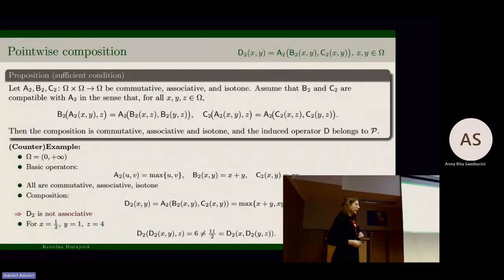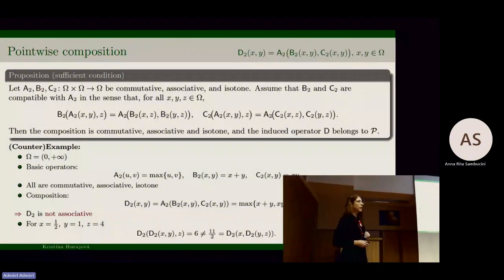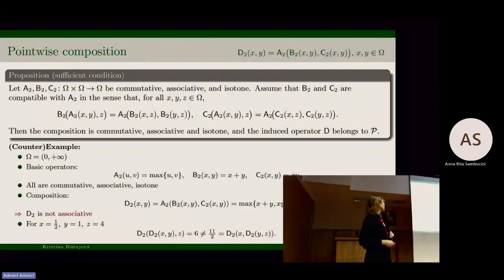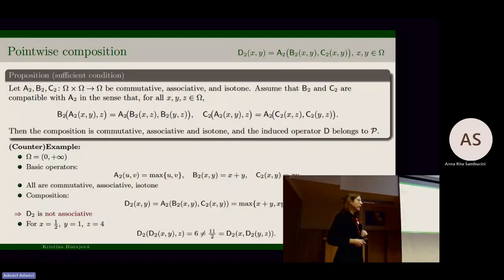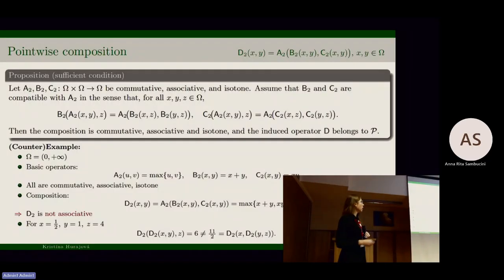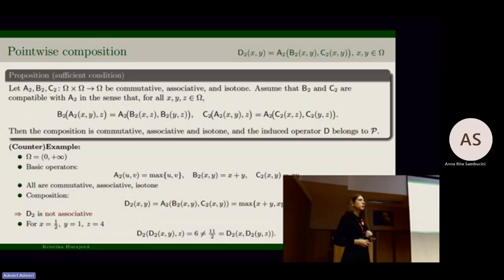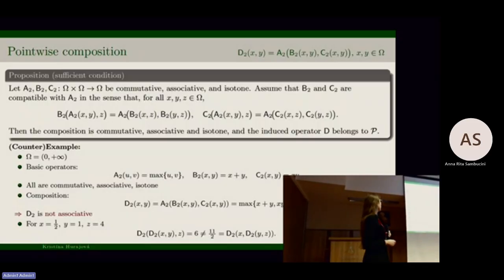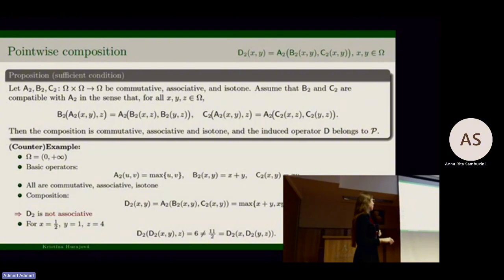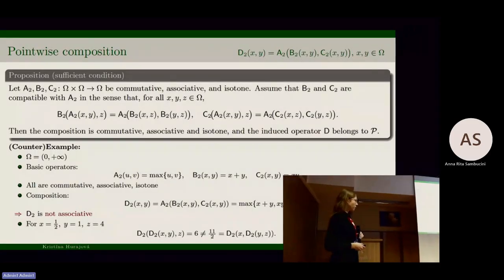Now, the natural question is whether PIF operators are stable under composition, and pointwise composition seems intuitive. We aggregate first in parallel and then combine the results. But associativity seems to be very fragile, because even if all operators are associative, the composition may fail to be, as we can see in this example.